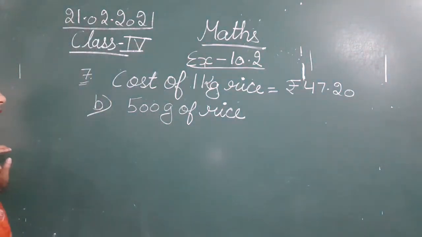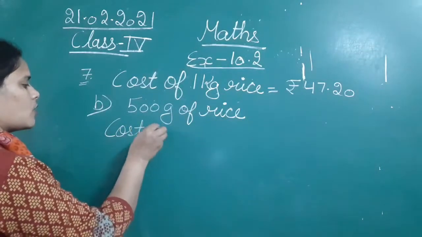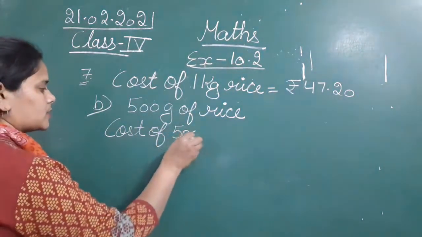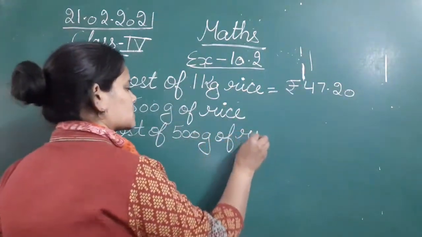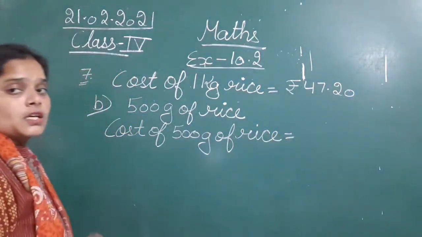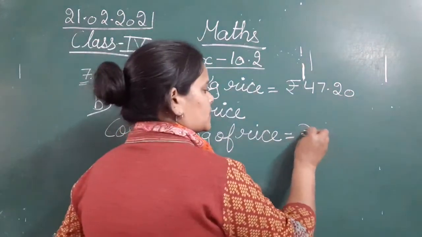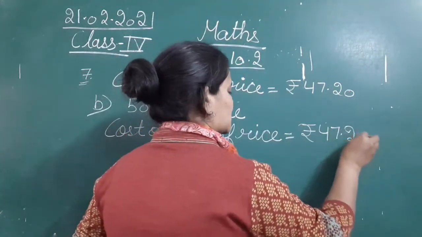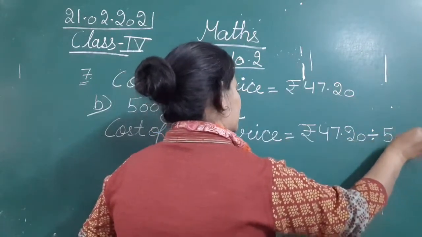So let's calculate cost of 500 gram of rice. Cost of 500 gram of rice is 47 rupees and 20 paise divided by 500.